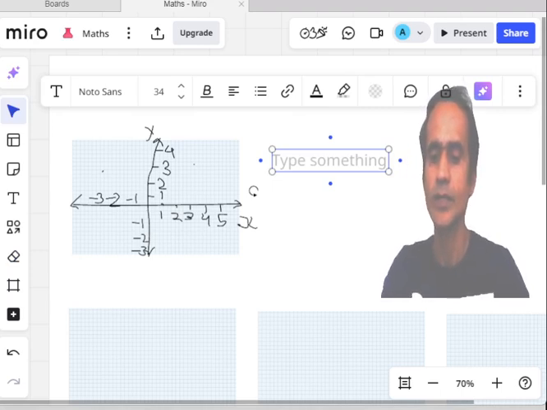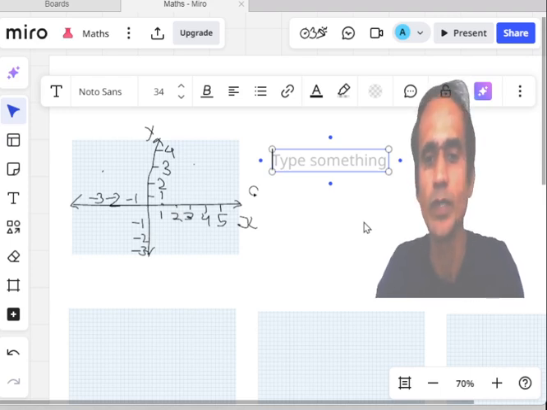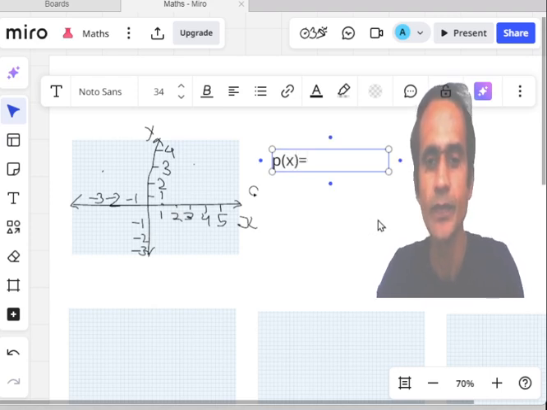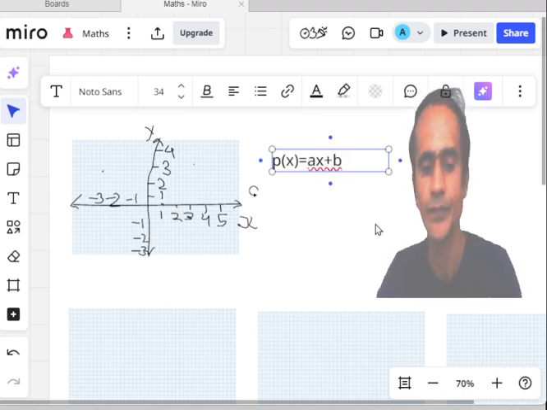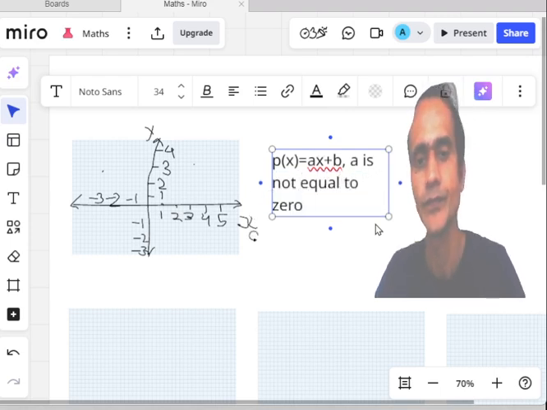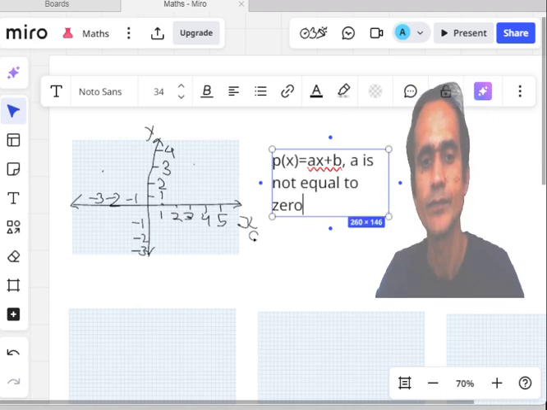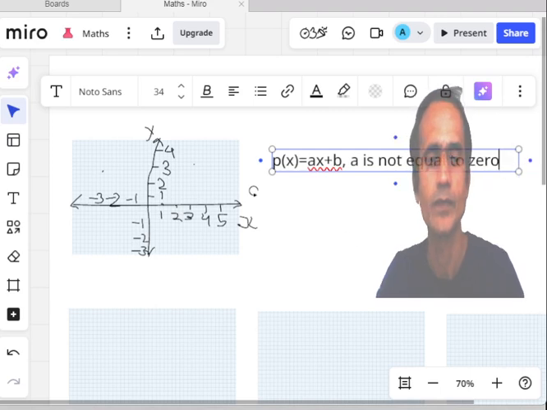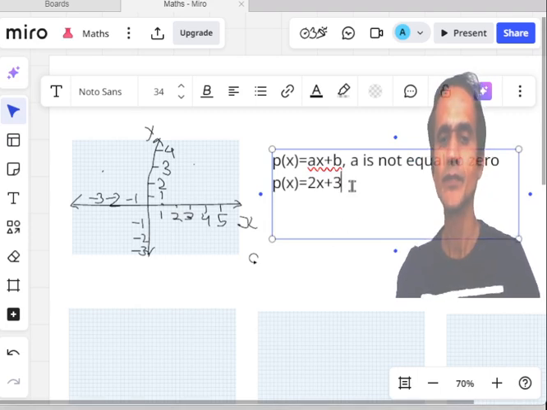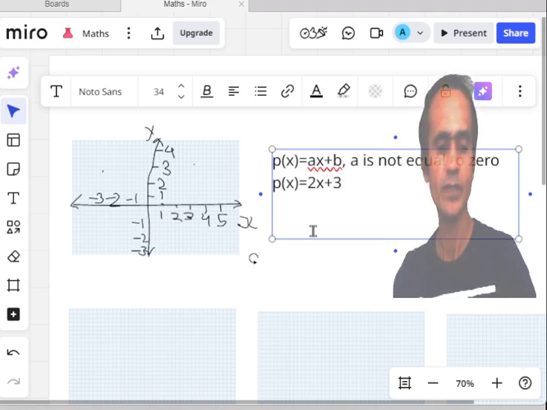So let us now take a simple linear polynomial. A simple linear polynomial is of the form ax plus b, where a is not equal to 0. So let us take a simple binomial or a linear polynomial.